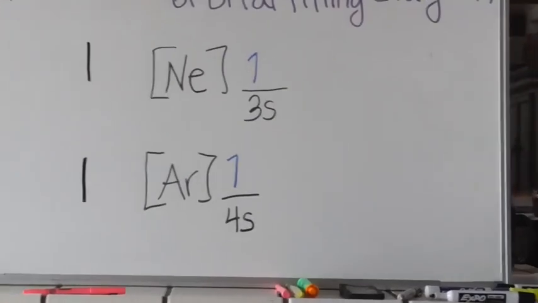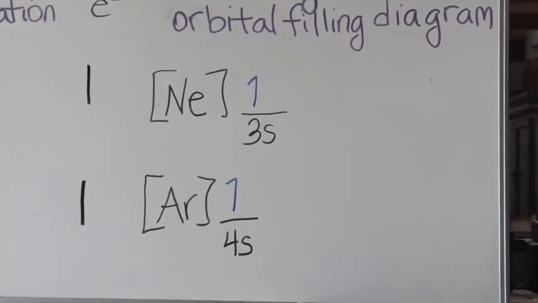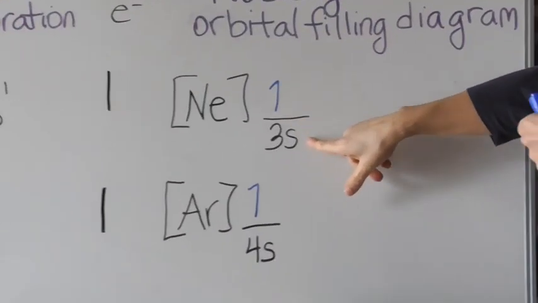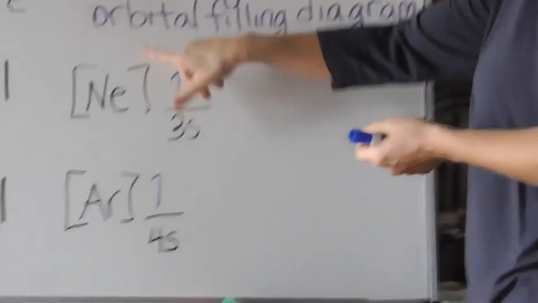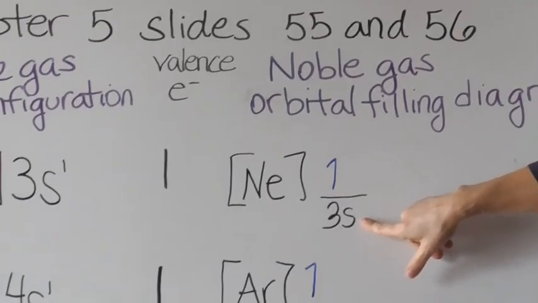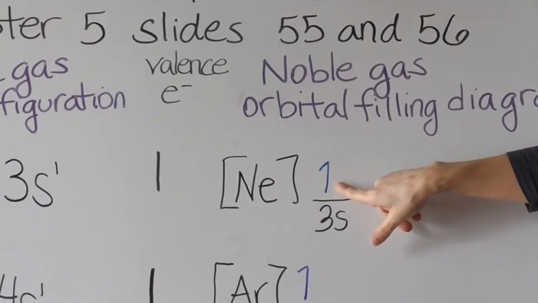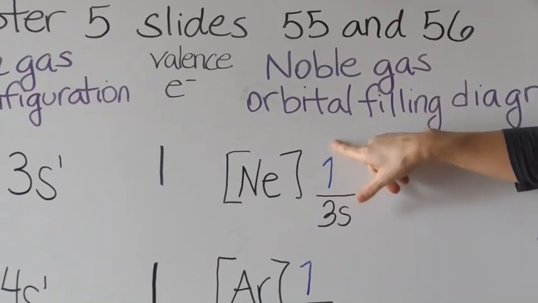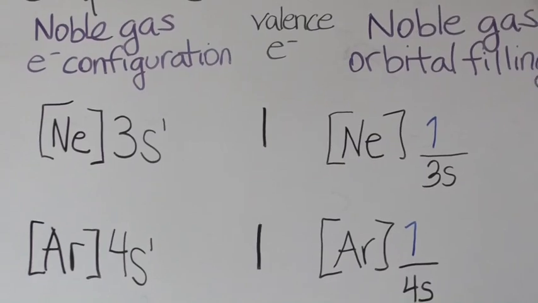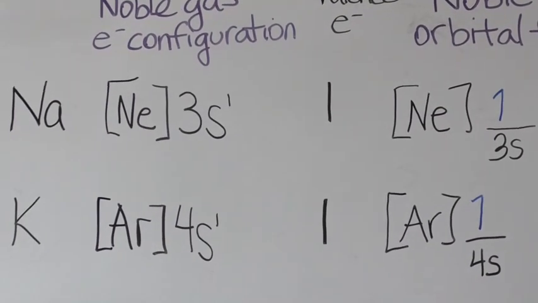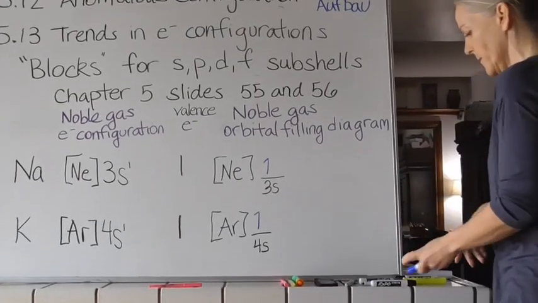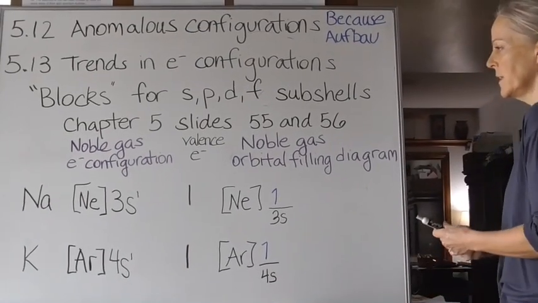So what is significant for the chemistry is there's one electron in the outer shell. The outer shell is what the valences are. And that one electron is what we call spin up. So there's one unpaired electron in the orbital. And that, again, gives way to the chemistry of it.